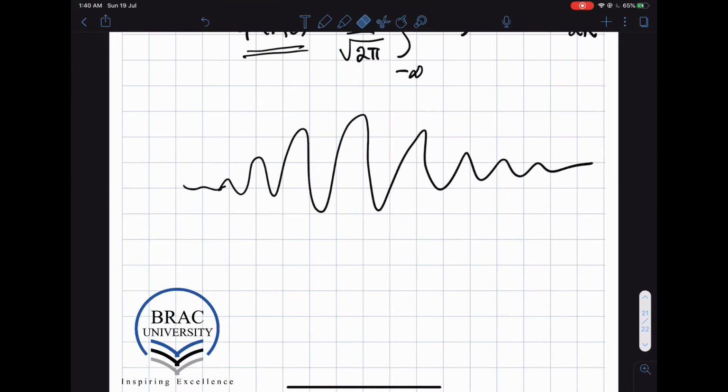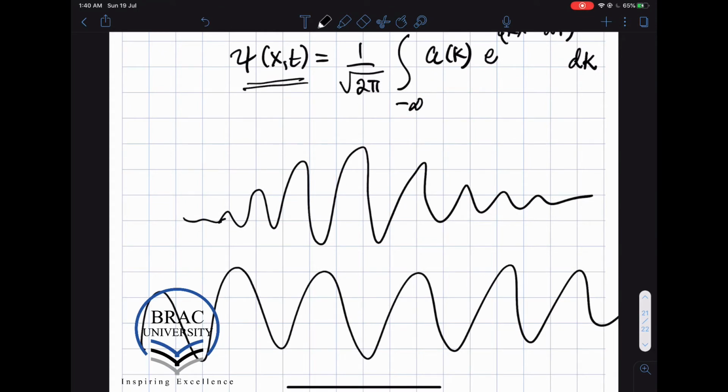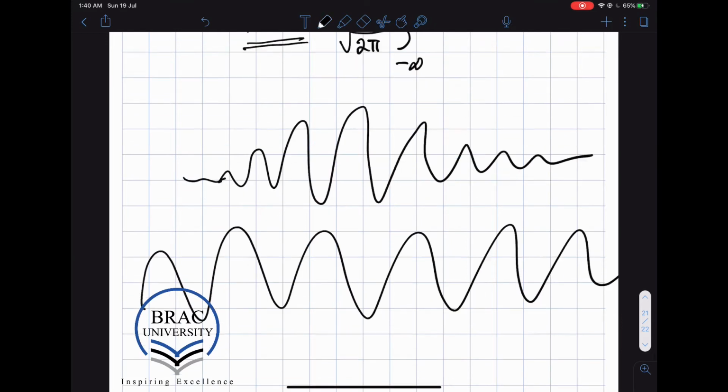If it just goes on and on forever, then of course this is not going to be a particle, or it'll be a particle whose position is completely not known. But when we're doing experiments and sending an electron, we may not know the exact location of the electron, but we know that it's in some small region of space, and if we associate a wave to it, we expect that wave to have some sort of localization like this. So such waves are called wave packets.